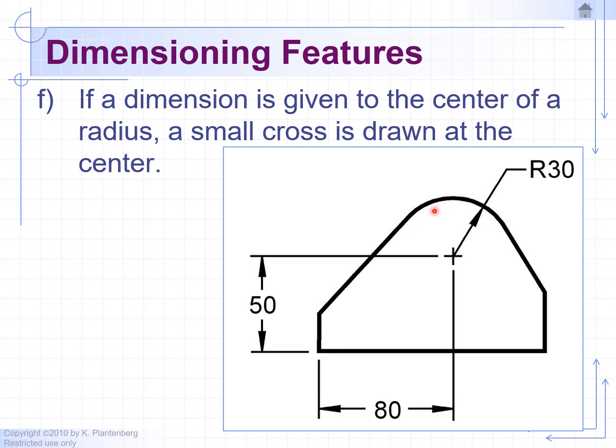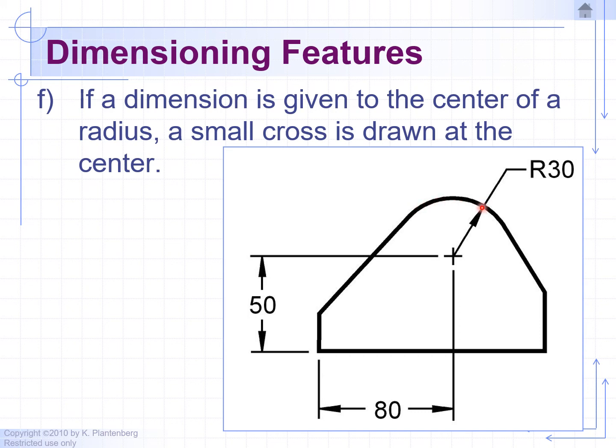But when you dimension to a center of an arc, which is very rare, it's typically when it has to mate up with another piece. Maybe there's another piece over here that it mates up to, and it's the opposite shape. Or at an assembly level, the location is important to avoid maybe hitting something.